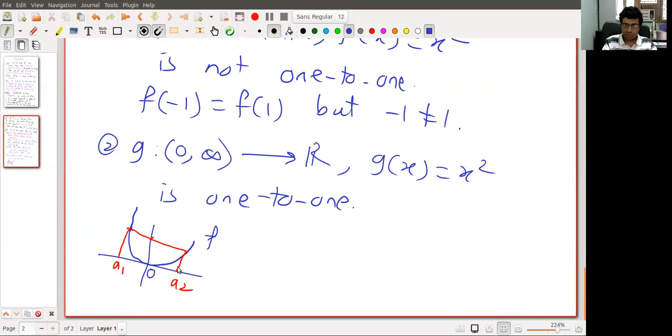Okay, this is the origin. If we consider g, then this is g. So here for each point in the range space there is exactly one pre-image. Here for f we have two pre-images. So g is 1 to 1, but f is not 1 to 1.